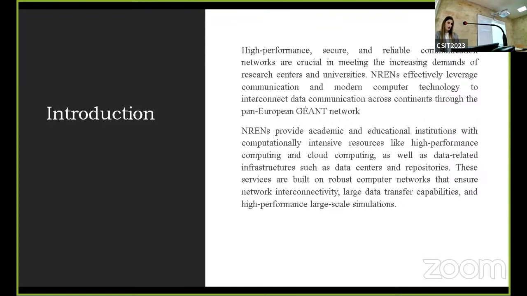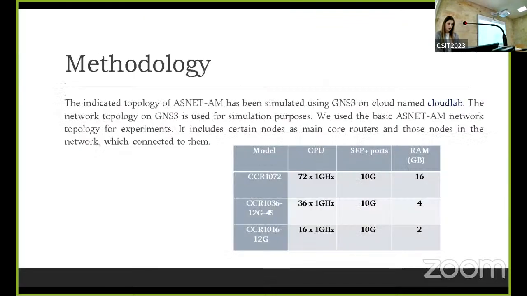Our main aim is to study the evaluation results and valuable lessons from the ASNet AM network simulation, shedding light on practical approaches to enhancing network performance. In our methodology, the basic ASNet AM network topology consists of core routers, as I have shown you earlier. The emulated backbone network utilized 10 gigabit links to ensure optimal connectivity between the core routers located in POPs and the connected nodes.